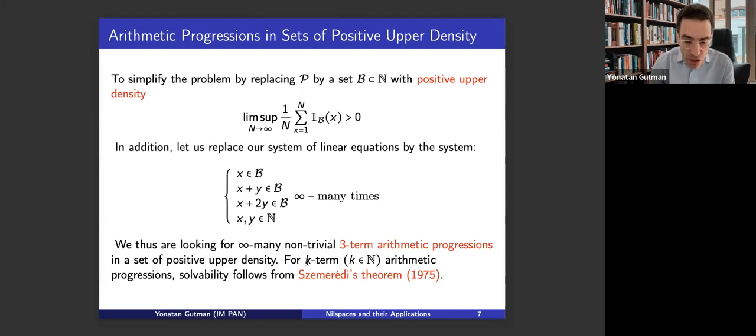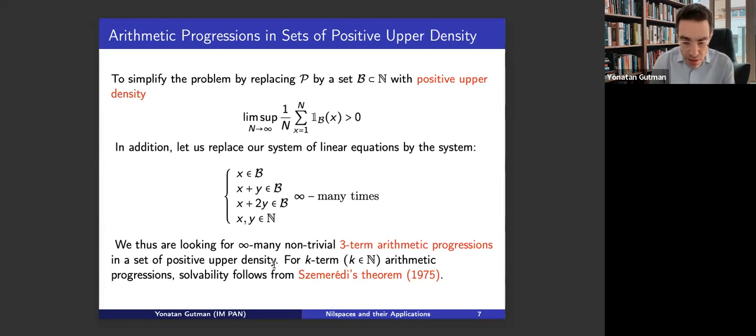And so we are actually in the framework of Szemerédi's theorem. Szemerédi showed, in also a very famous theorem, that any set of positive upper density contains a k-term arithmetic progression for k as big as you wish.